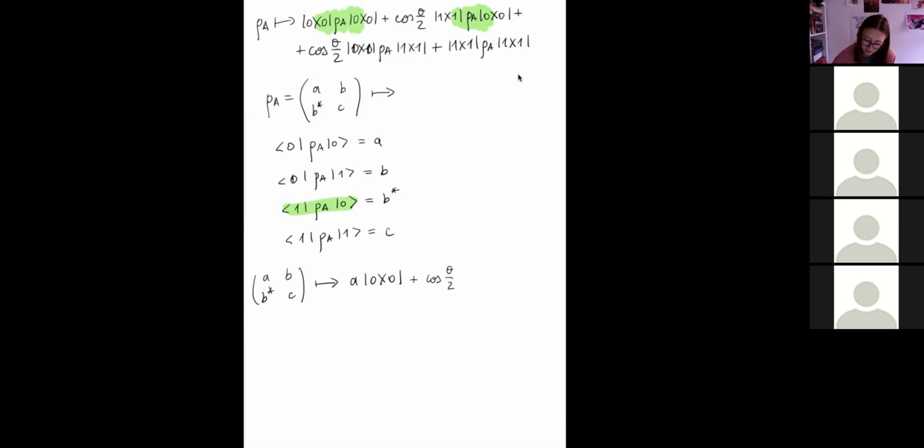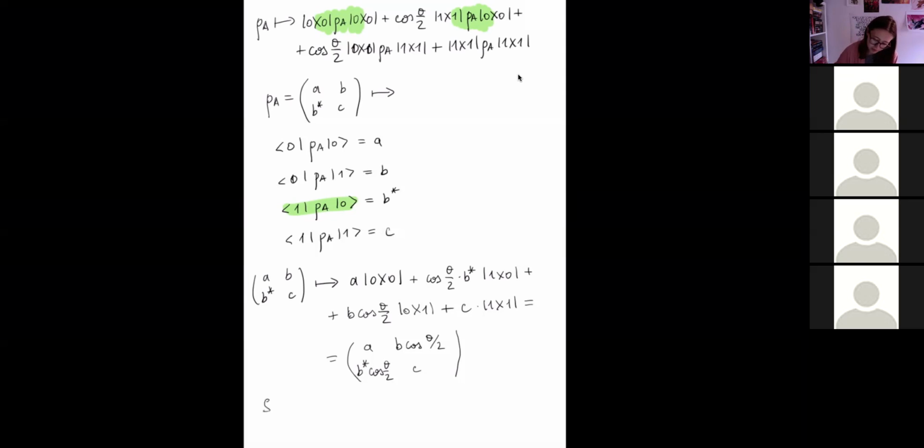And here we have cosine theta over 2 by B conjugate, 1, 0, plus a similar thing for the other. This is just B cosine theta over 2, 0, 1, plus C by 1, 1. And in matrix form, this is just A, B cosine theta over 2, B star cosine theta over 2, C. So essentially what this operation does, it only affects the off-diagonal elements in the density matrix of the state A.